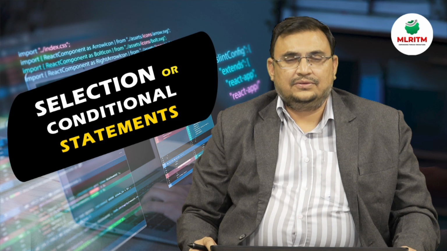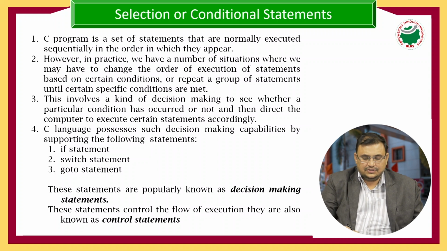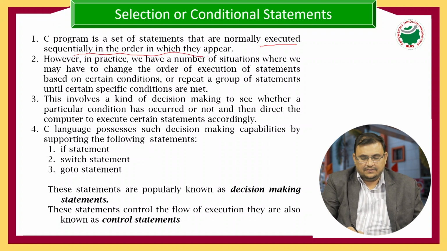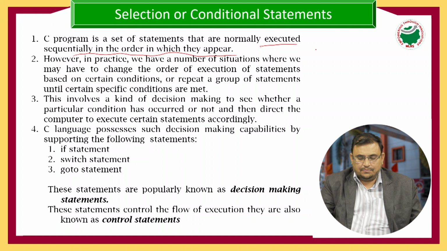Today, we are going to discuss selection statements. A program is a set of statements that are normally executed sequentially in the order in which they appear. Normally in C we use a top-down approach.